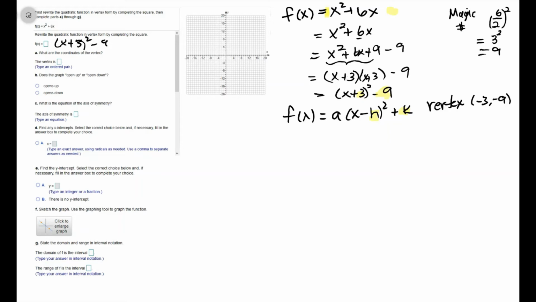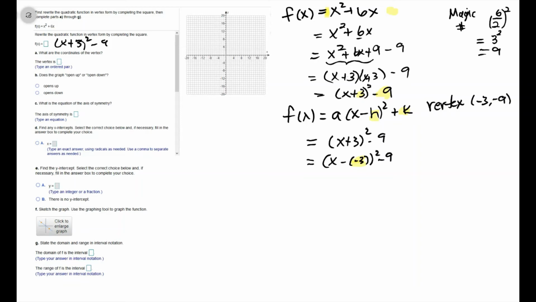So you may wonder why that is. And so here's my explanation. We want this x plus 3 squared minus 9 to match the format, and plus 3 can be written as minus a -3. And now that it matches up, you can see after the minus is a -3.